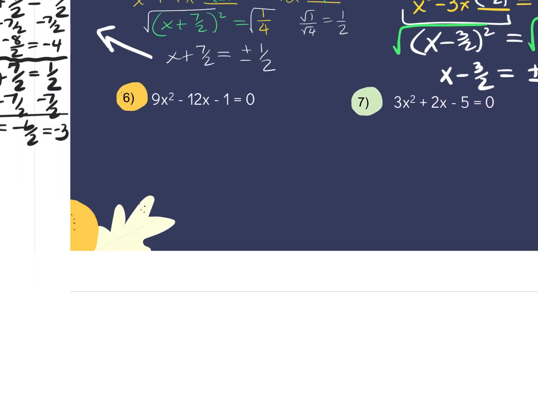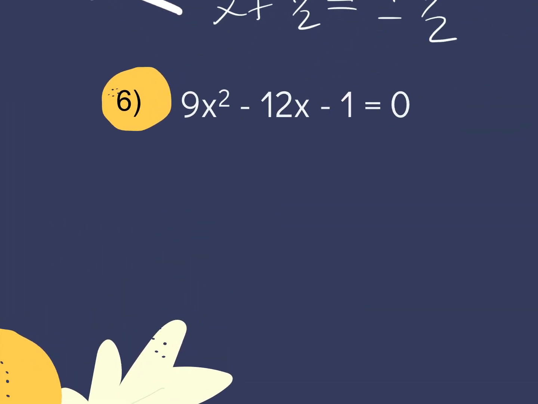This one, number 6. So first thing you need to do before you move that constant is check to see if this number in front of x squared is a 1, and it's not. So I need to divide out the 9 or factor it out. So now this ends up becoming x squared, and then 12 over 9 will simplify to 4 over 3.